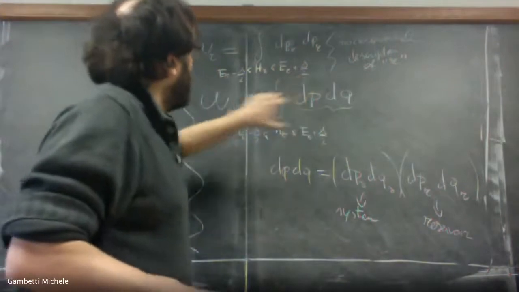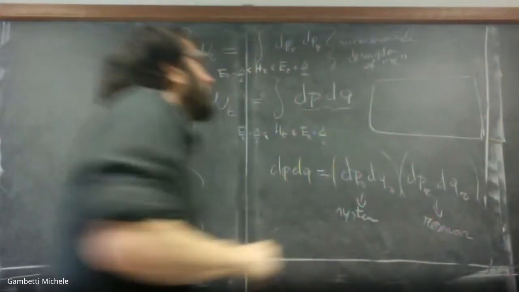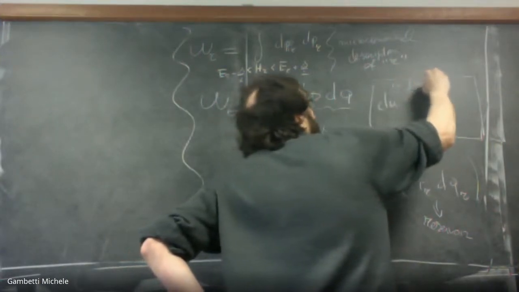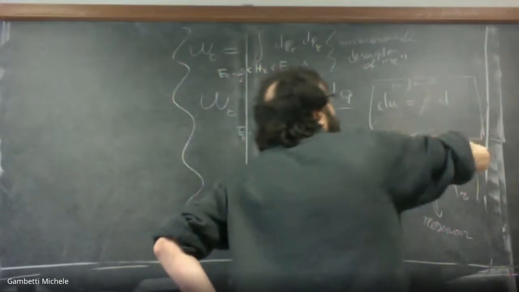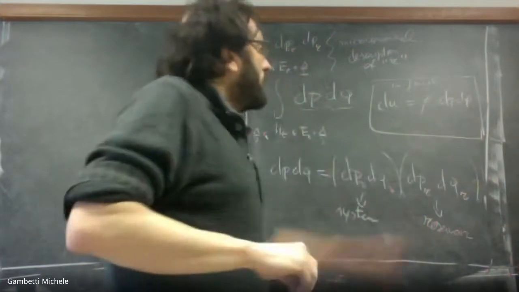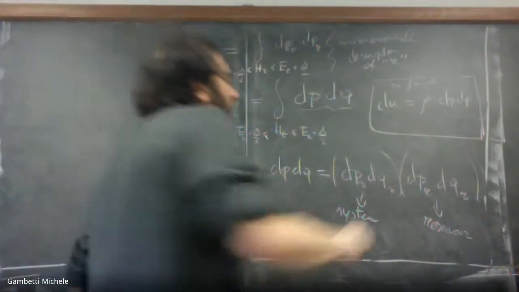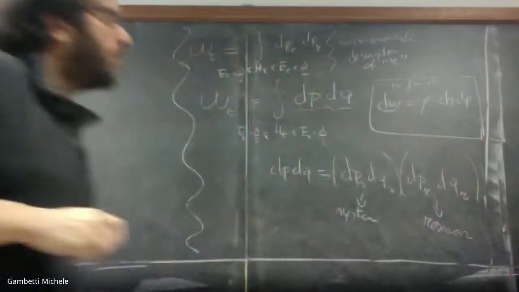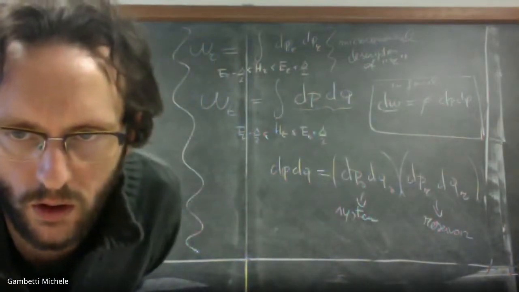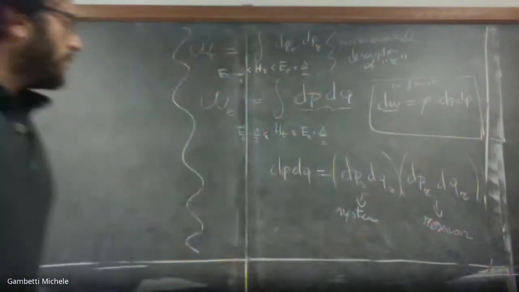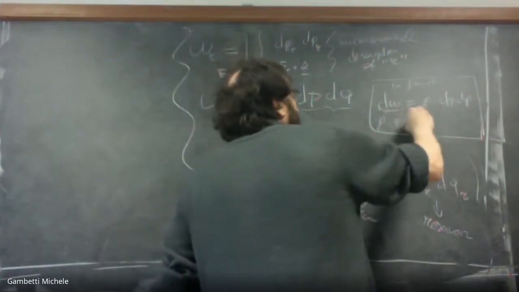Remember that in general, when we talk about the microcanonical ensemble, we say that d omega is rho times dp dq, where dp dq is an infinitesimal portion of the phase space, and d omega is the number of states within this volume, and rho is a probability density.